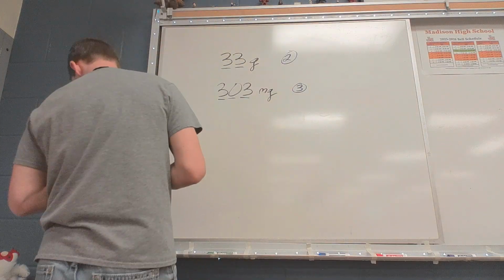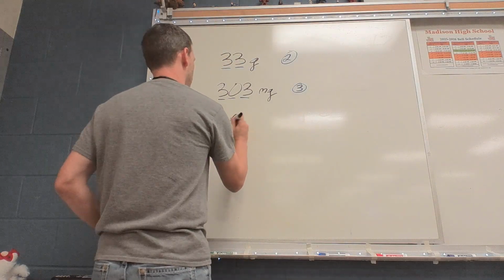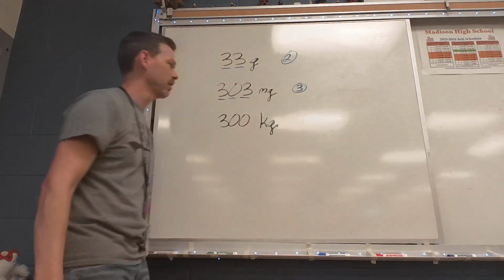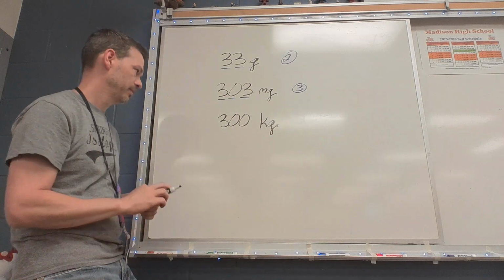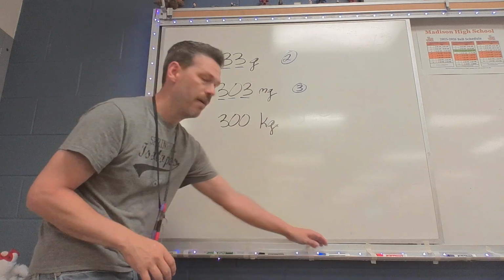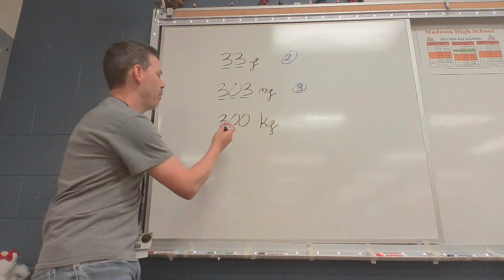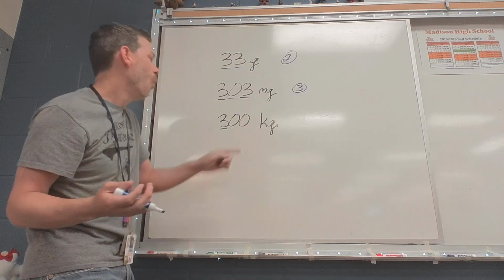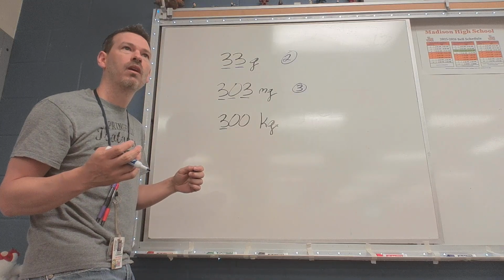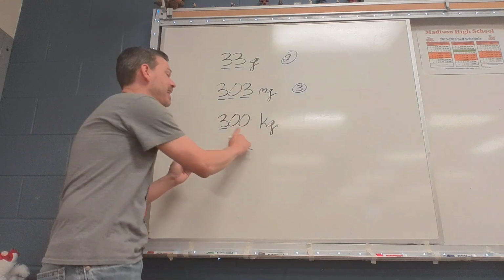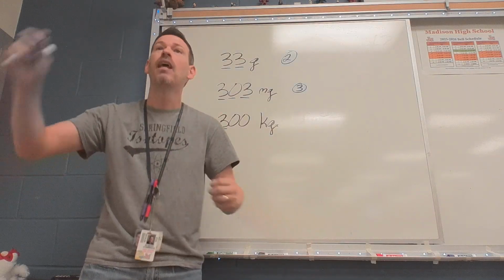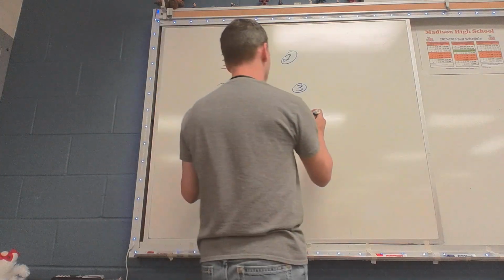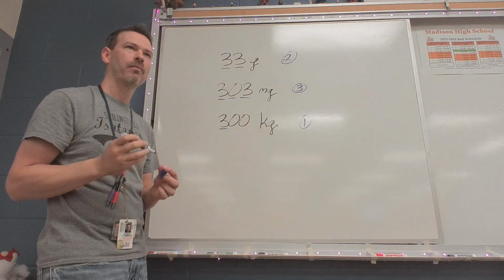For example, if we have 300 kilograms, there's no sandwiched zeros, but we do have a non-zero, so automatically significant. What's true about those other two zeros? They are not significant because zeros that end in number are not significant if you can't see a decimal, and there's no decimal shown. So there's only one sig fig there.